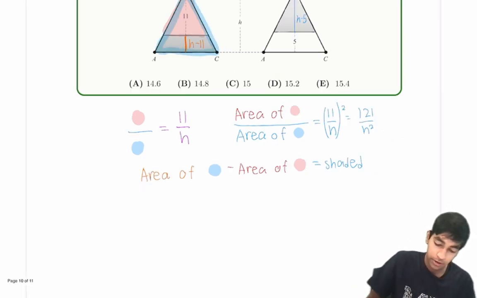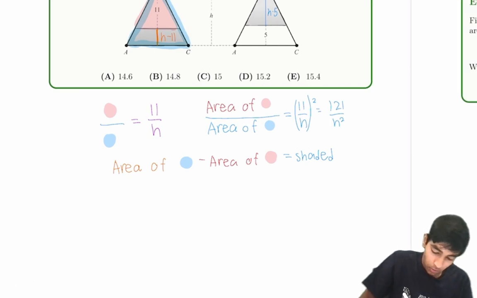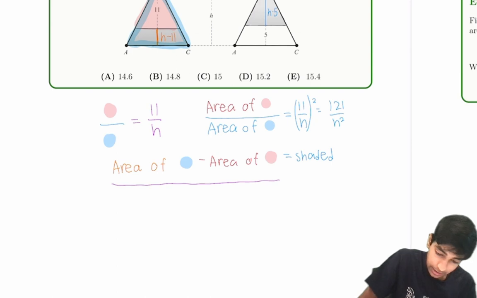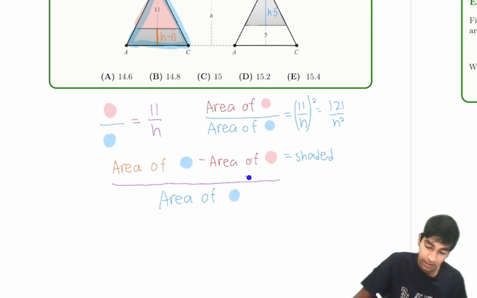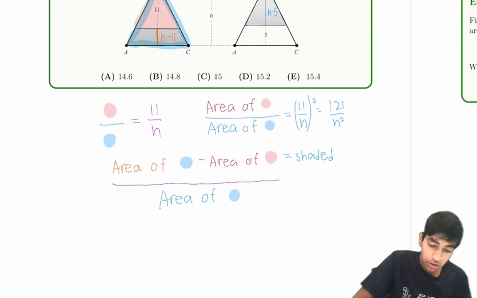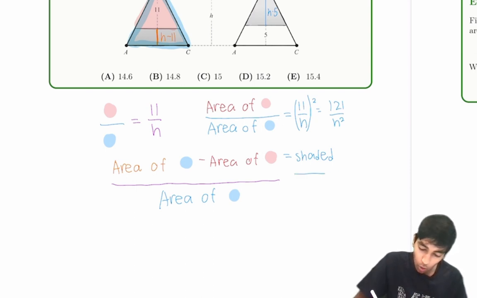So to do this, we just do shaded region, which is area of blue minus red triangle, over the area of the blue triangle. Right? Because notice that this part is equal to shaded, and this is the area of the blue triangle. So this is equal to the area of the shaded region over the entire triangle.